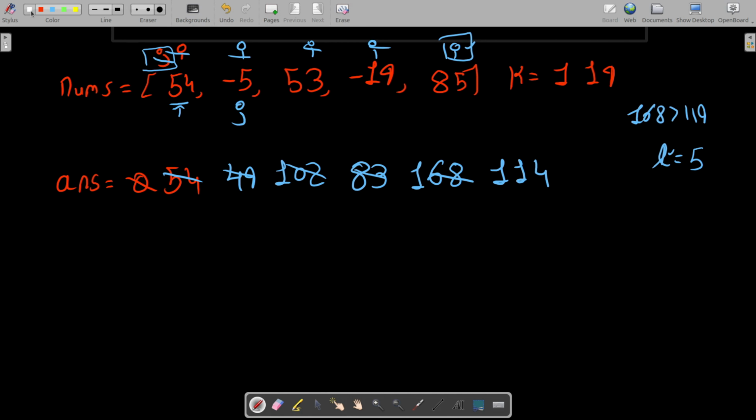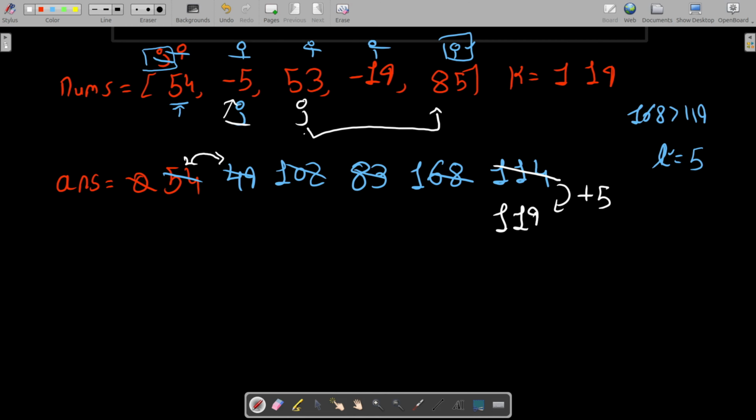Now this has reduced our sum, so we would not subtract 5, and we will get 109 as the answer. It should increase our sum. Perfect. So I am adding 5 to 114, so we will get 119 and j would be here.